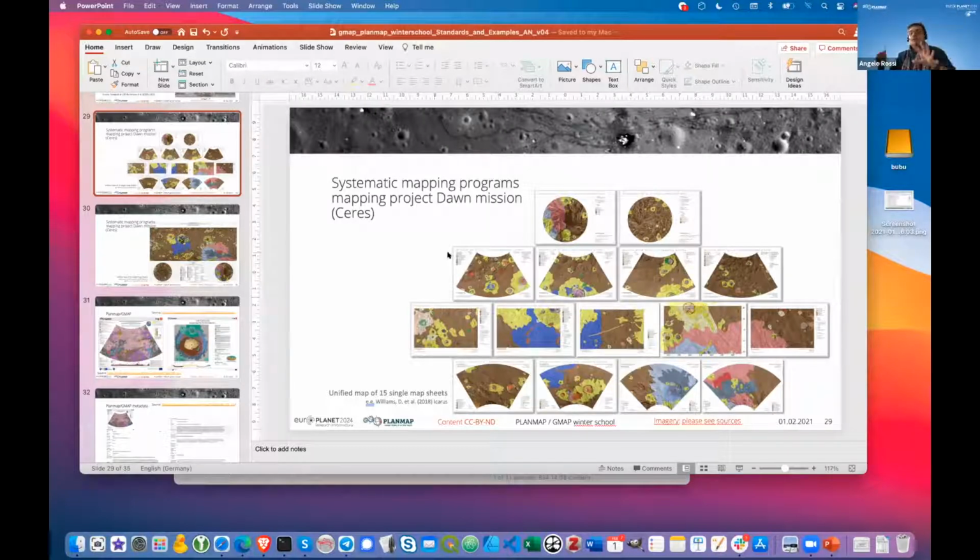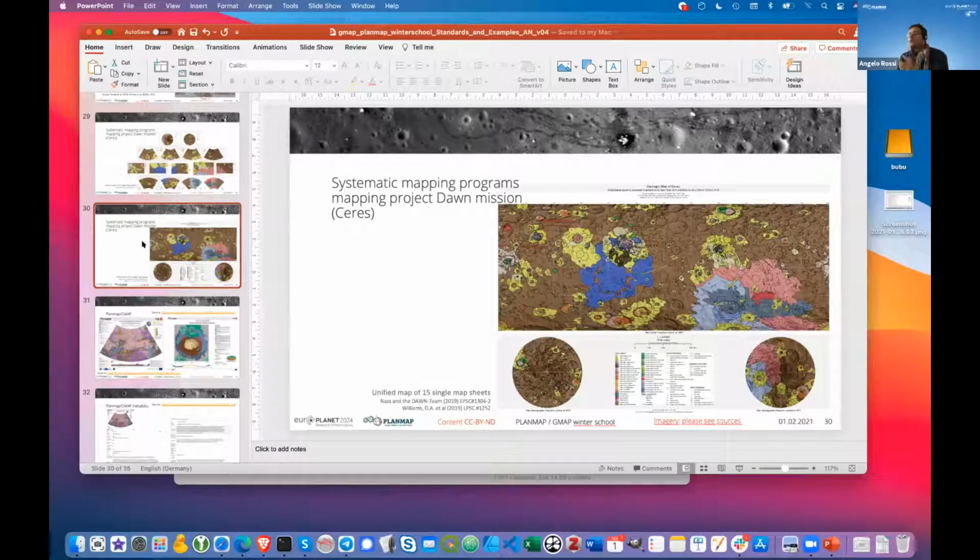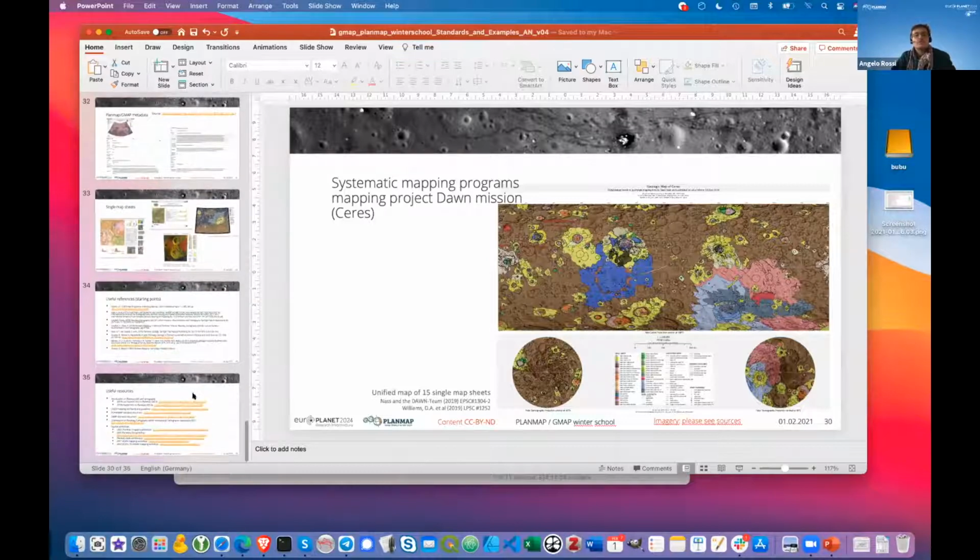So if you want to map just a certain part, you can use different projections. If you want to map the whole thing, you can choose one of many projections that can map the whole thing at the same time. So you can have, for example, a cylindrical projection that maps everything, or a Mollweide, you can have many of them. I can point you to some resources here.